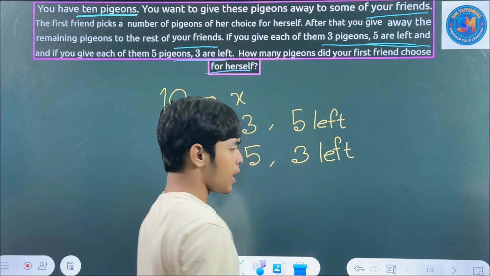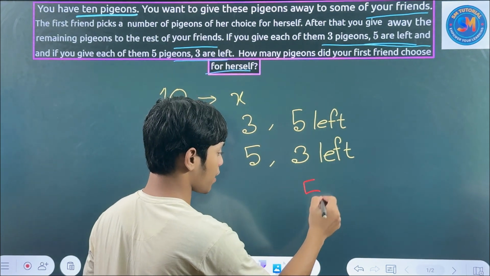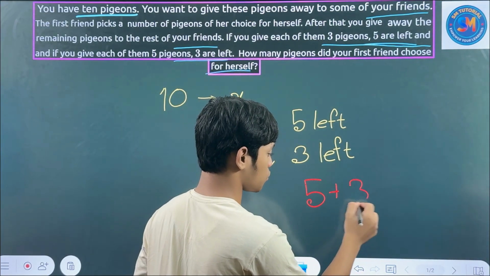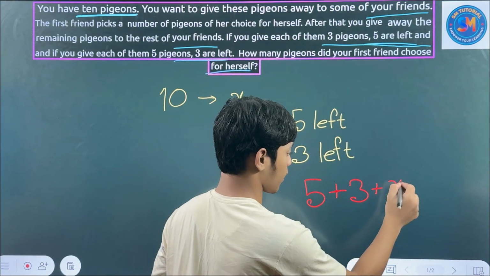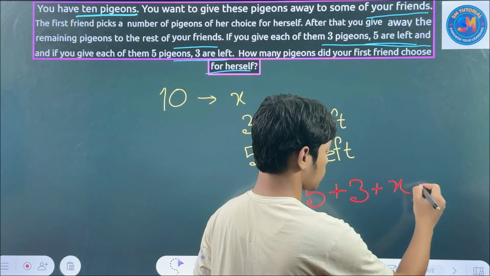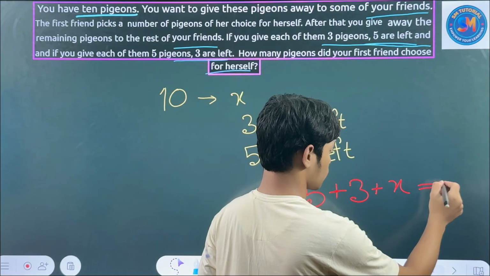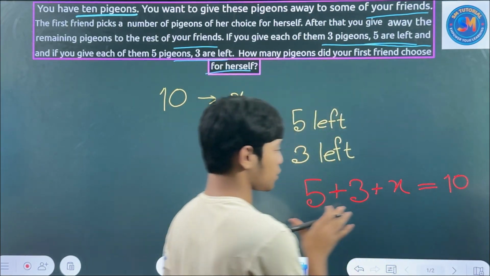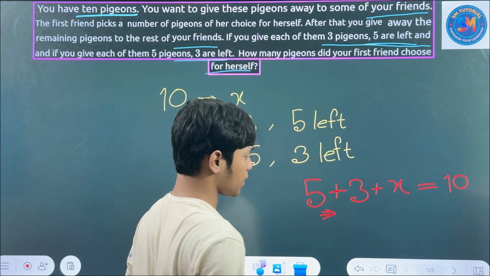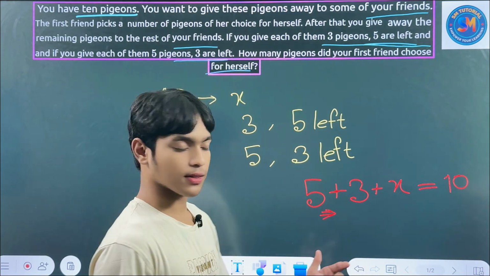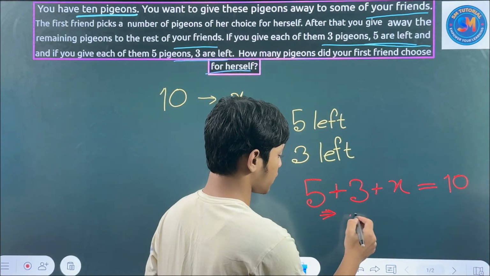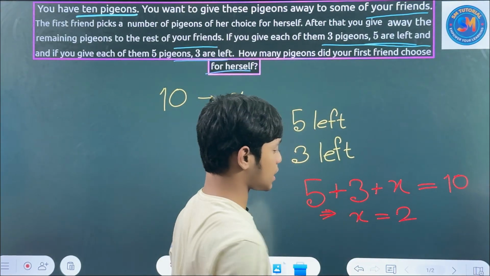You have 5 plus 3 plus x, the total peasants you have, equals 10. Then you can find the value of x very easily. 5 plus 3 is 8, and 10 minus 8 gives x equals 2.